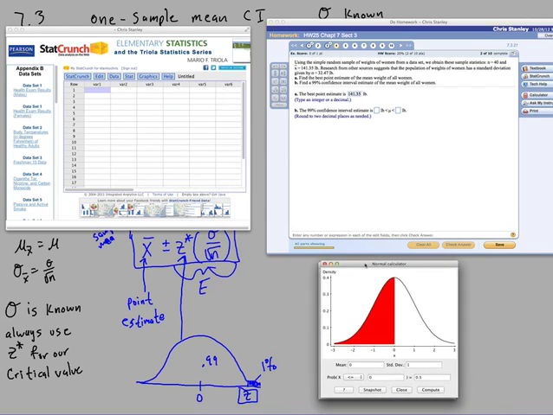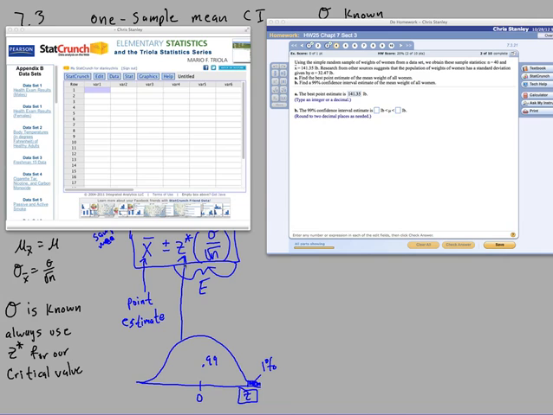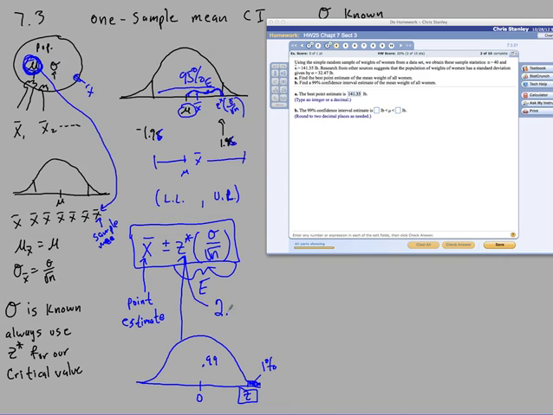Here it is. I want this to be 0.99. 0.99 less than, or 1% greater than. Compute. So this is it: 2.326. If you're going to do this by hand, the z-star is 2.326.